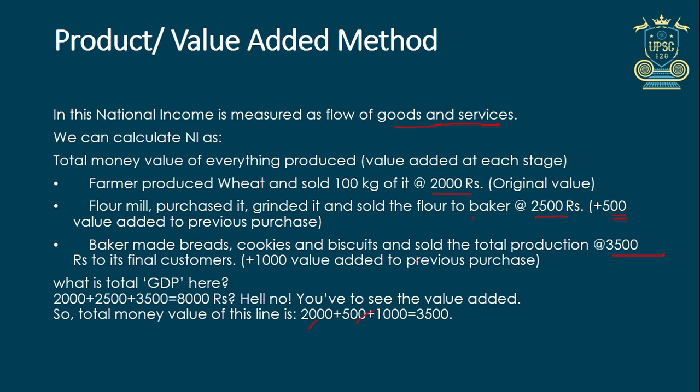Then the baker, how much is he adding in value? It is 1000 rupees he is adding, so 1000 rupees you have to add. So the national income here through the value added method is 3500 rupees. So this is the value addition method or product method for calculation of national income.